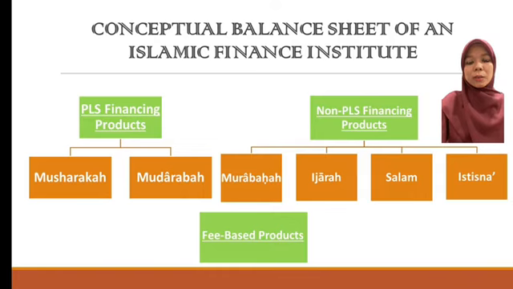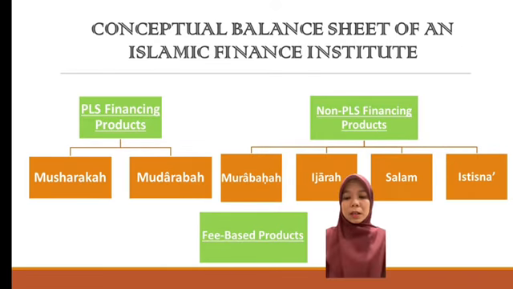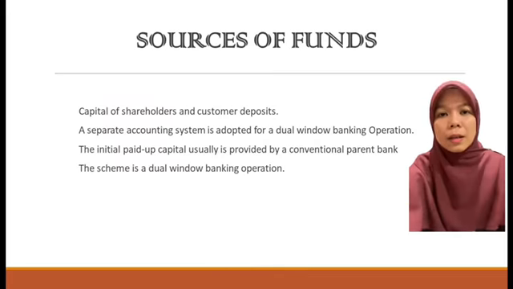They generate various types of fees and commissions. The fee-based services provided by Islamic banks include bank transfers, issuing letters of credit and guarantees, credit cards, and offering collection and safe custody services, mostly used in trade financing.